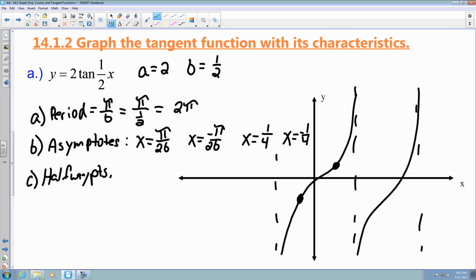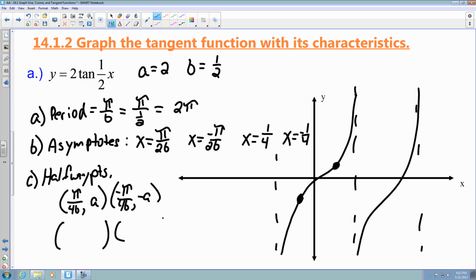And those are denoted by the formula pi over 4b, comma, a, and also negative pi over 4b, comma, negative a.